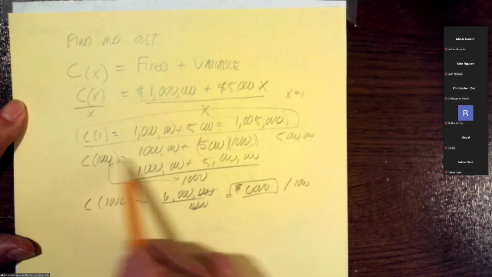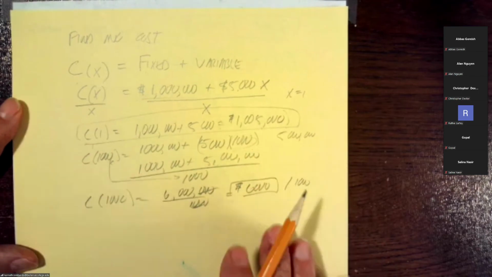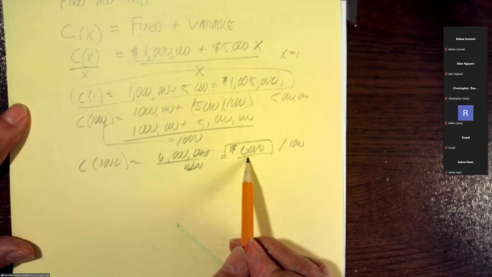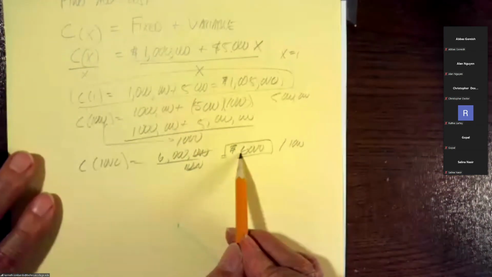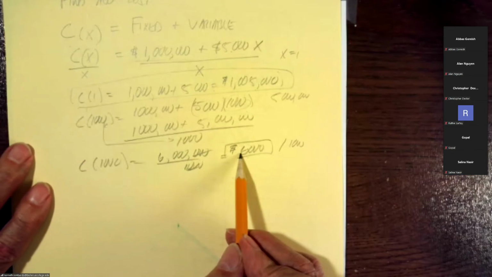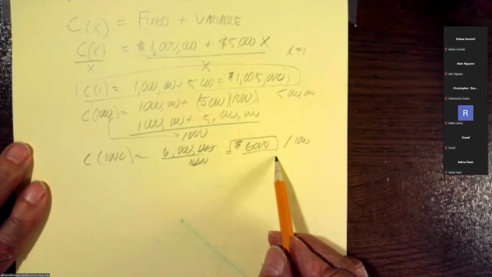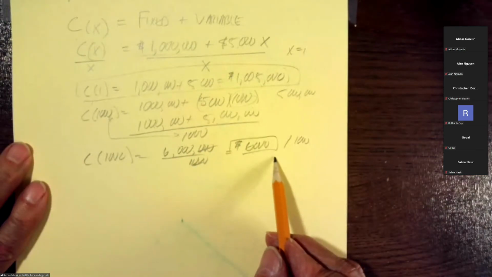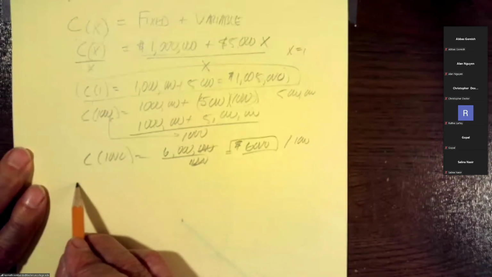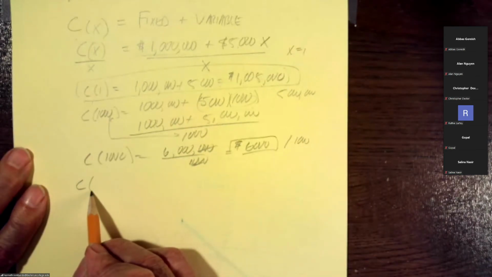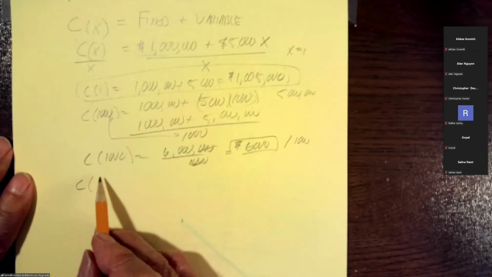So I'll build 1 unit, average cost is very high, can't make any money on that. If I build 1,000 units, it's 6,000. And what I'm looking for is, is there some value that's going to be the minimum value, no matter how many I build, I really am not going to get below whatever that value is. Well, let's make this value very large then. What if we want the cost of 1 million units?